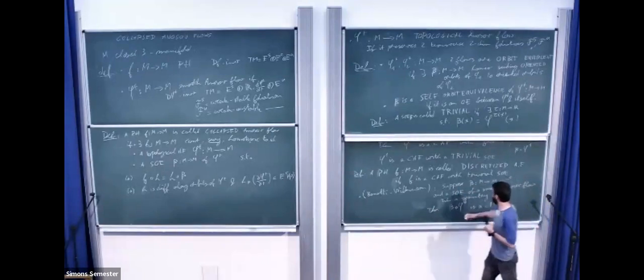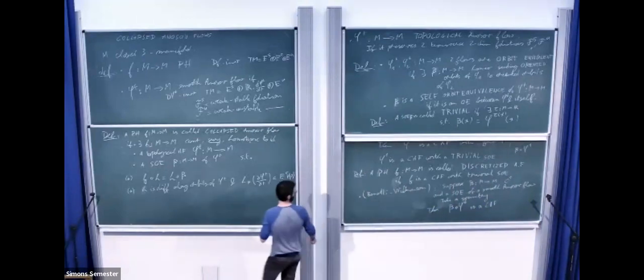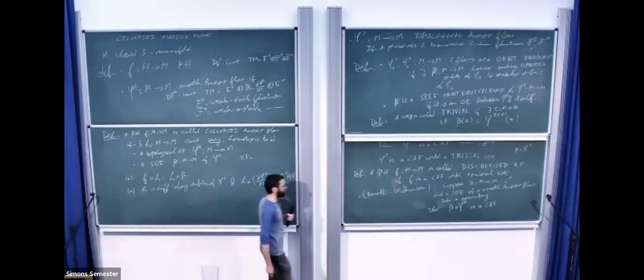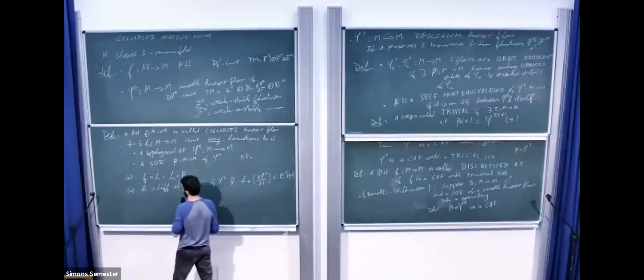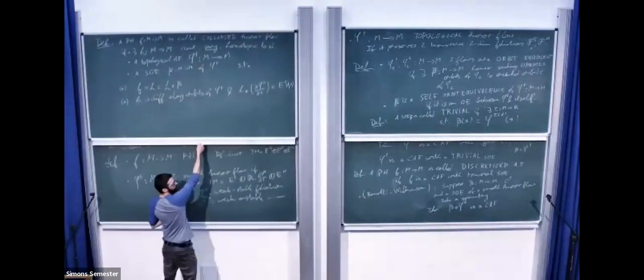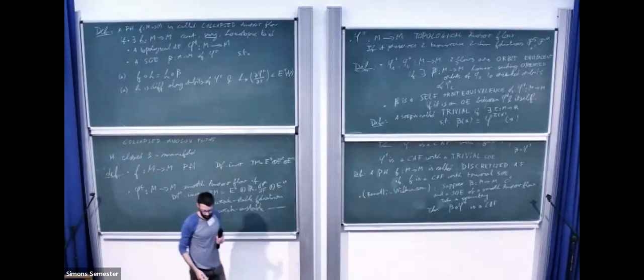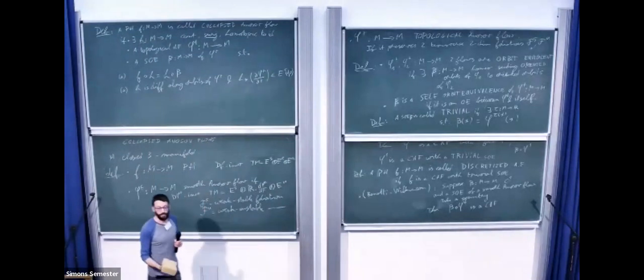So how do you build some examples like that? And that was in Bonatti and Wilkinson's paper. Well, you start with a geodesic flow that has some symmetries.